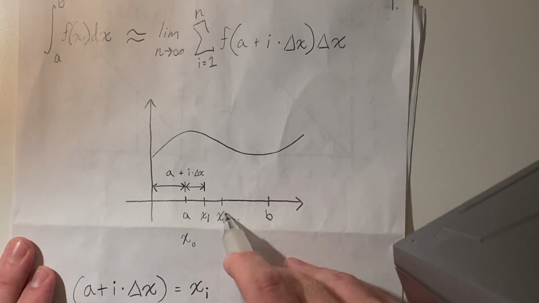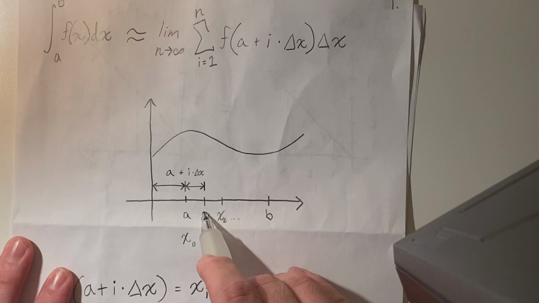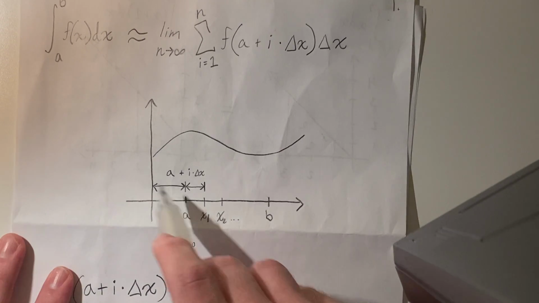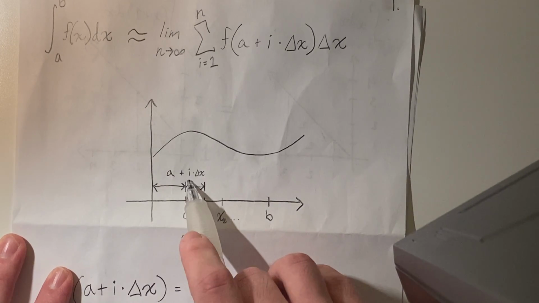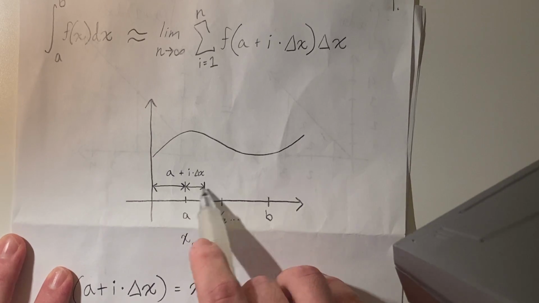To find how far x2 is from the origin, I'll use x1 because that's what I have written, but you would apply this to any step. First you need a, this distance, and then you multiply i times delta x, because delta x is the change each time.